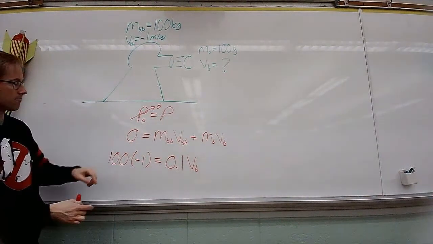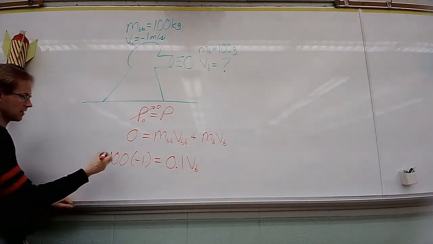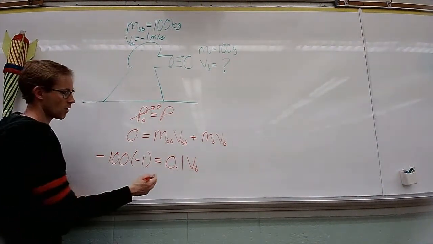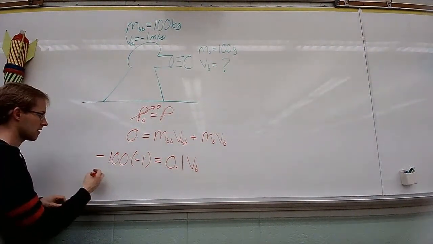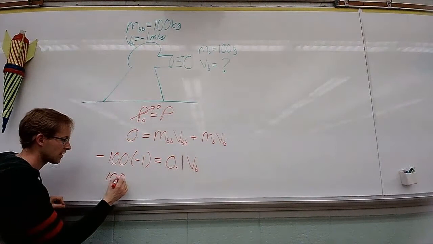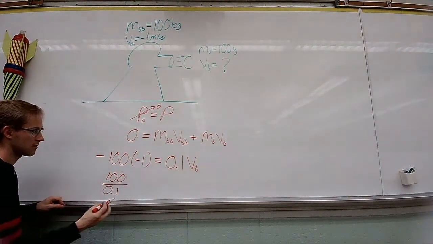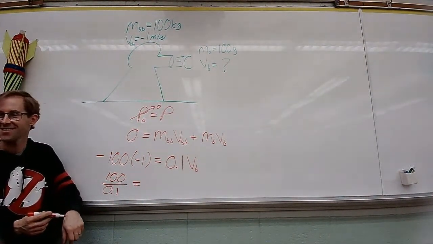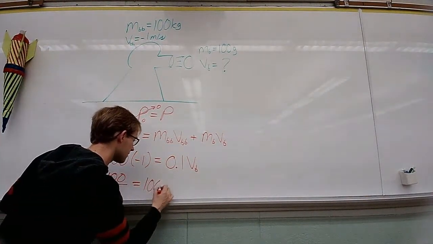And actually, as I move this whole thing over to the left, the whole thing becomes negative. I forgot to do that. So when we divide both sides by 0.1, this is a positive 100 because the negatives cancel out. Divided by 0.1, giving us a velocity of what? 1,000, right on the money.